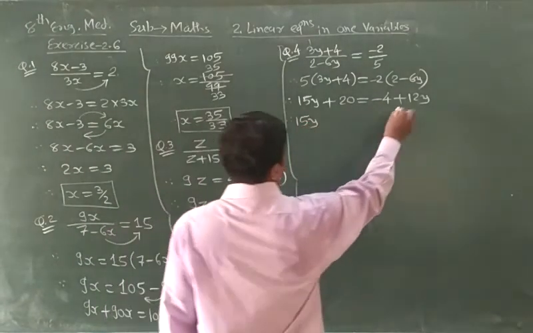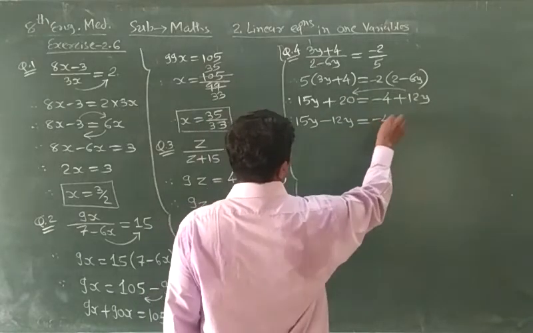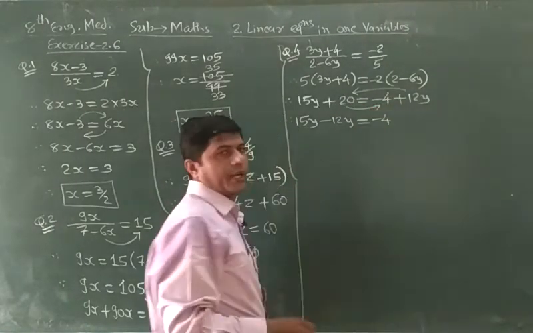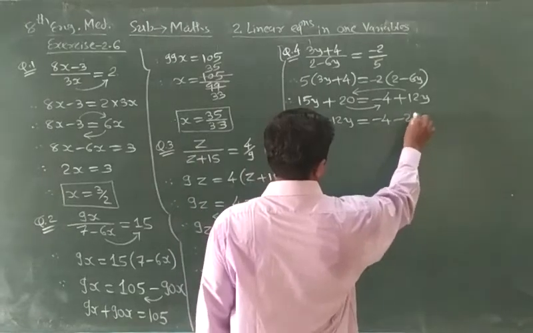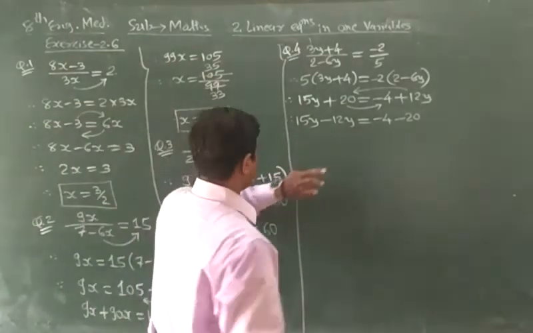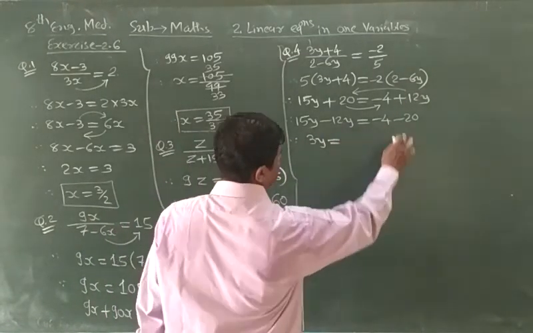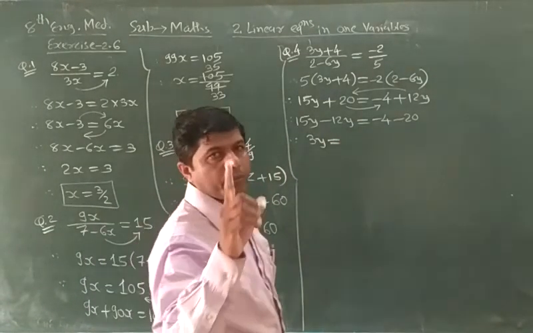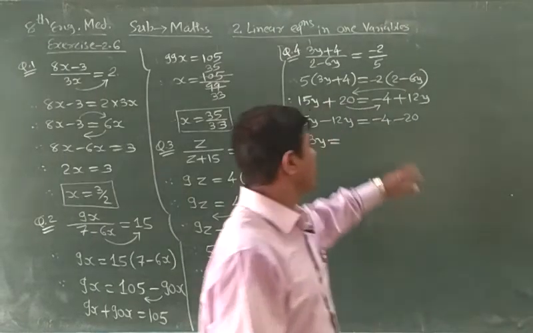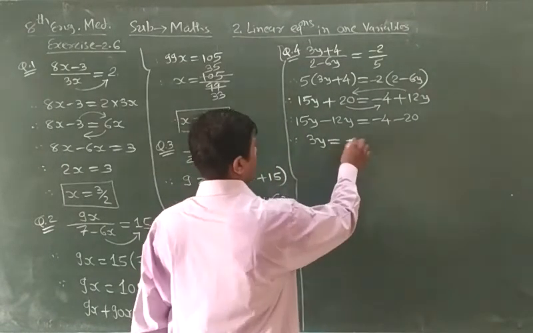Okay, now y terms we take here. 15y, plus going this side minus 12y, minus 4, plus going this side minus 20. Okay, so 15 minus 12, so 3y, minus minus plus, but bigger sign, 20 is bigger and minus, so the answer will be minus 24.